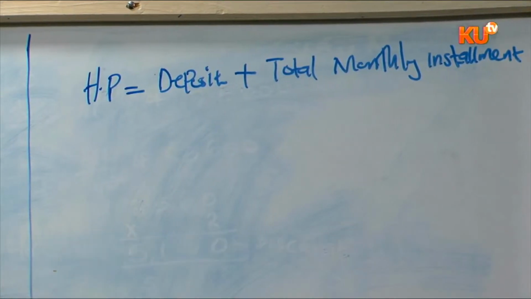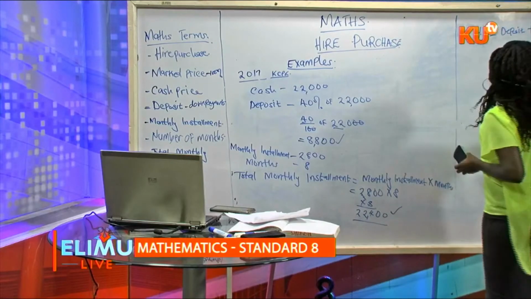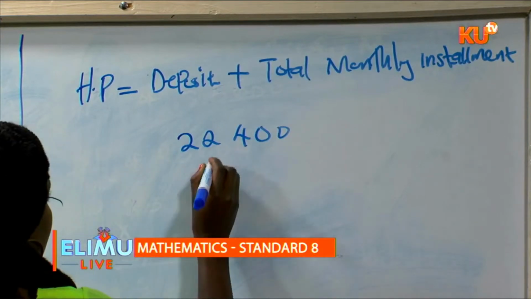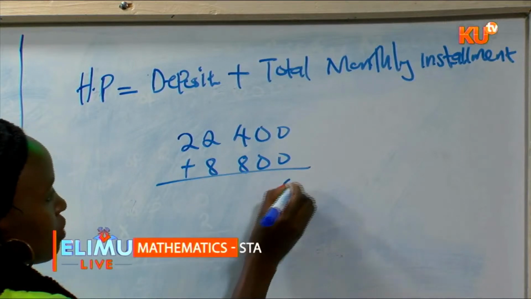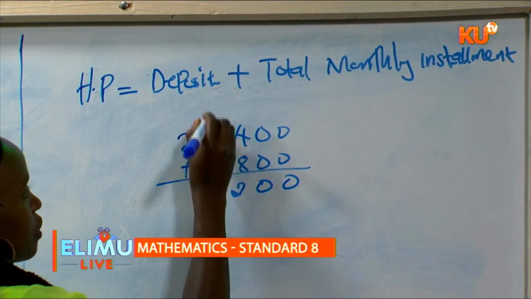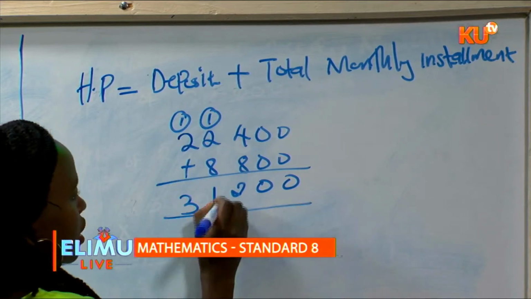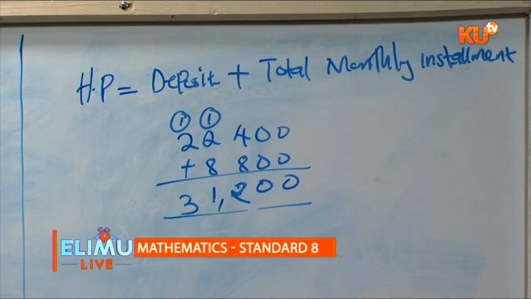So the deposit is here, 8,800, and then we have the total monthly installment of 22,400. 22,400 plus 8,800. So we are adding: 12 carry 1, 11 carry 1, 3. That is 31,200. That 31,200, that was the hire purchase.